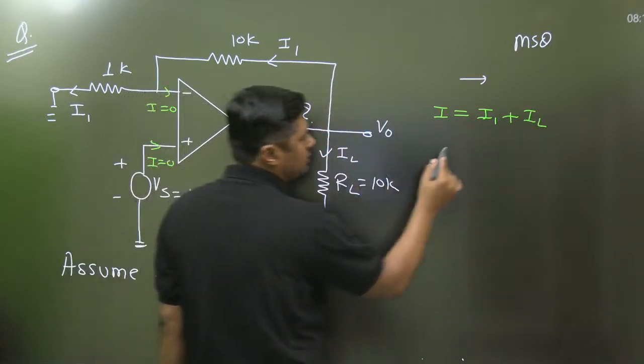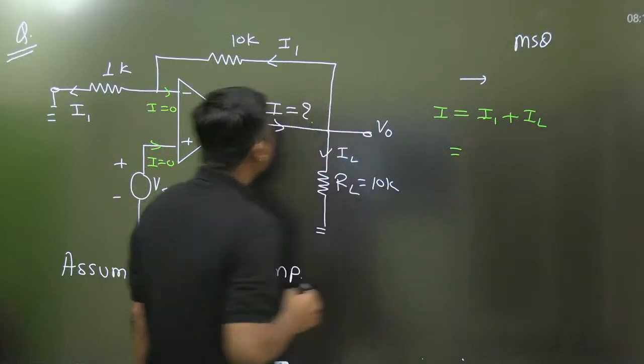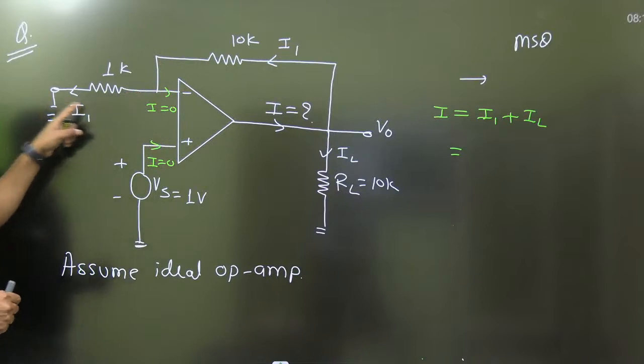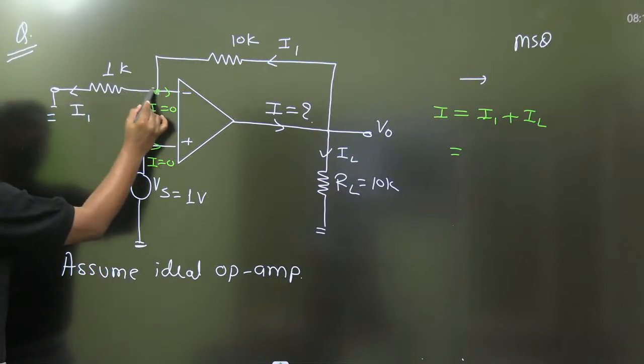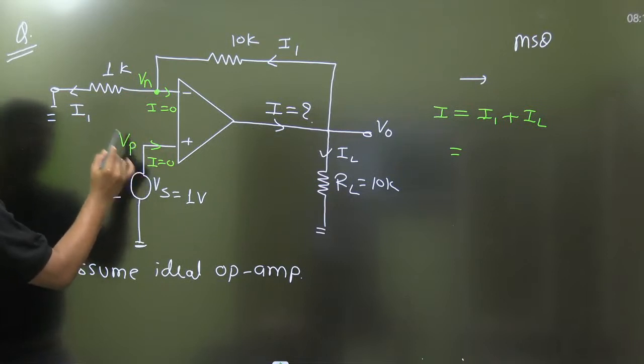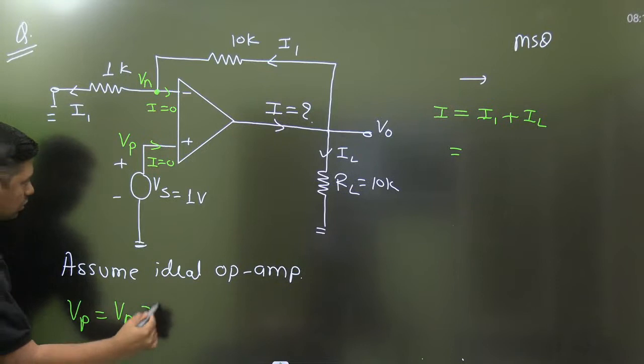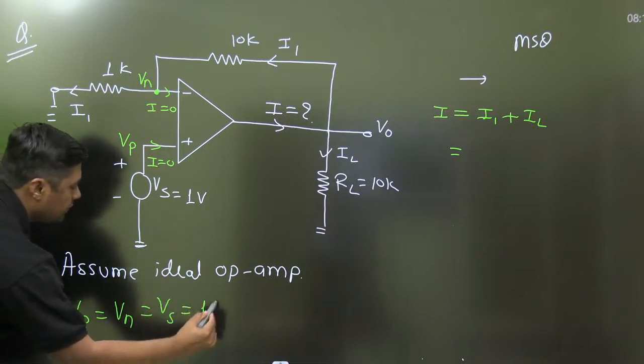Then how to find the IL? V0 upon RL. And how to find the I1? Try to understand. The same I1 passes through this. So what is the voltage at this point? Vn. Vn is equal to Vp. So Vp is equal to Vn is equal to Vs is equal to 1 volt.